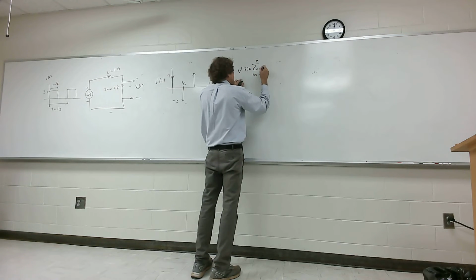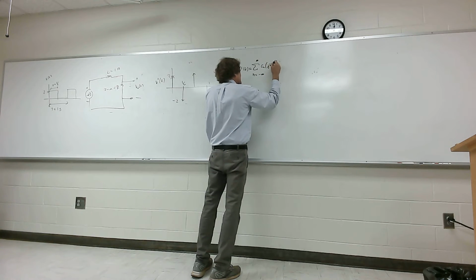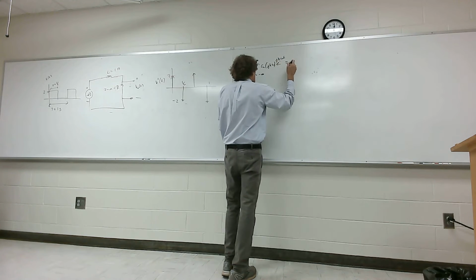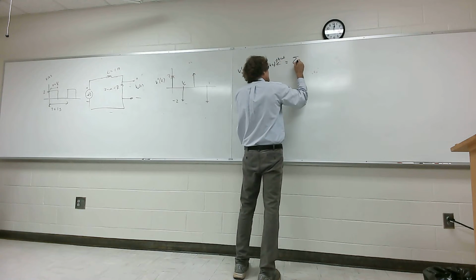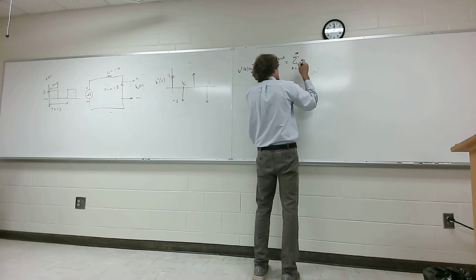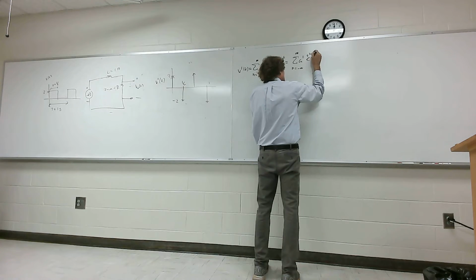And now it's going to be C of n times j n omega naught times e to the j n omega naught t, or as the summation of C of n prime from n equals -infinity to infinity. Let's see that prime a little better. E to the j n omega naught t.